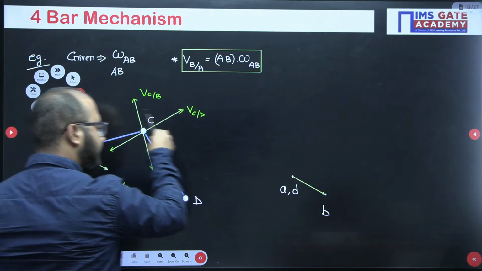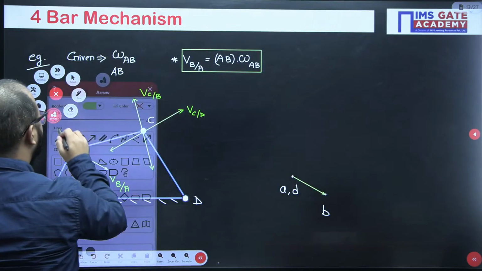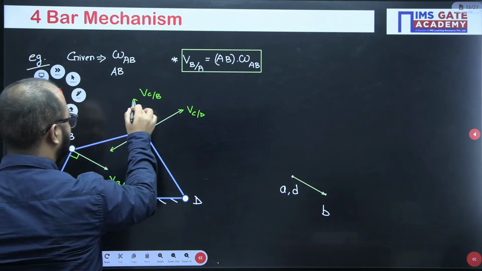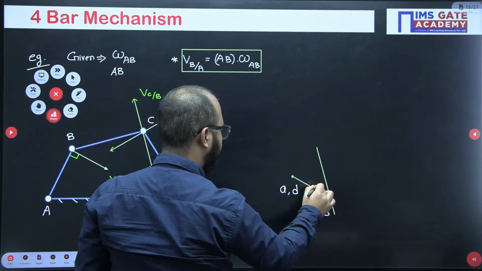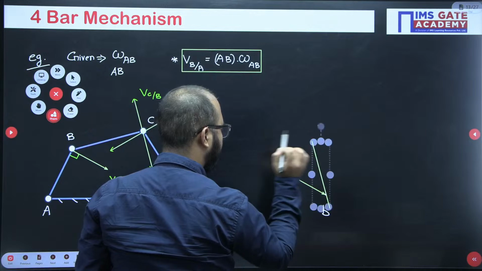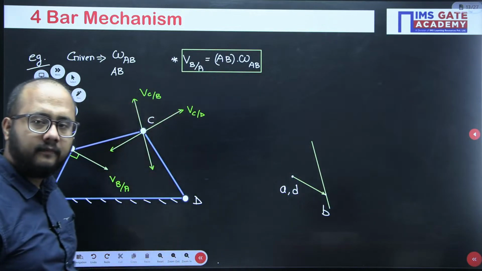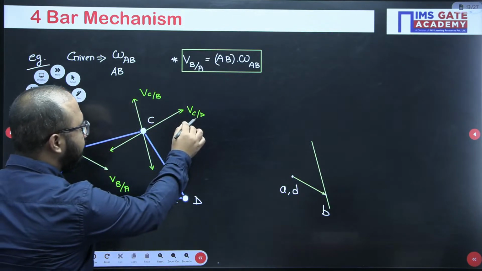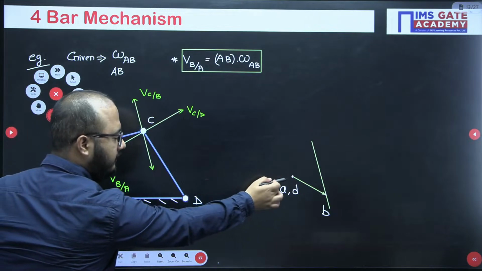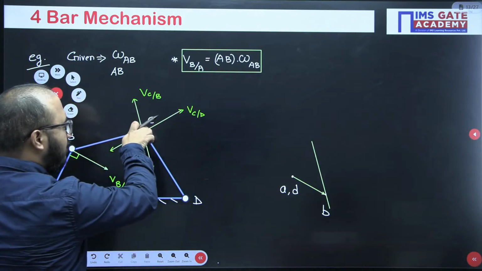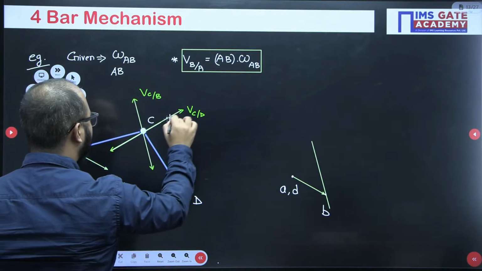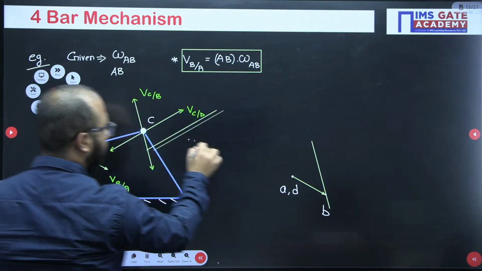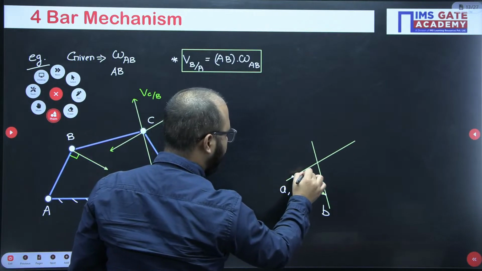So directly as it is, I will put it here, like this. Second, C with respect to D, point D is available. So the next vector I will draw with respect to point D. The direction of C with respect to D is like this. With respect to D, I need to draw.